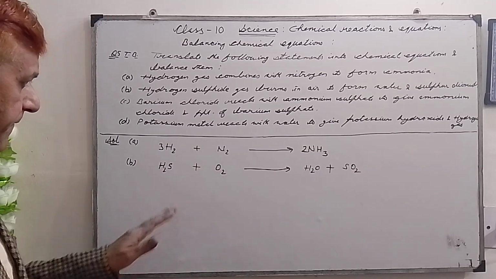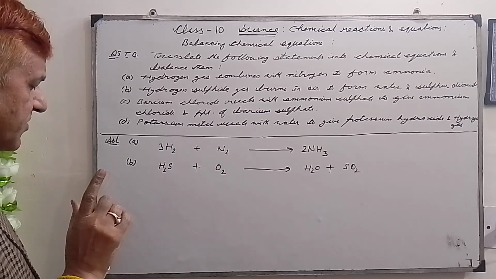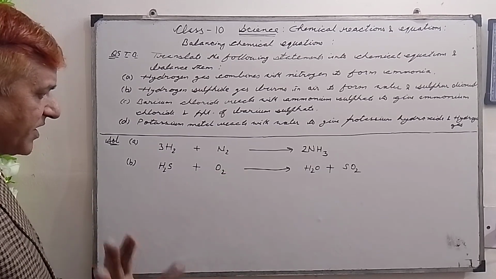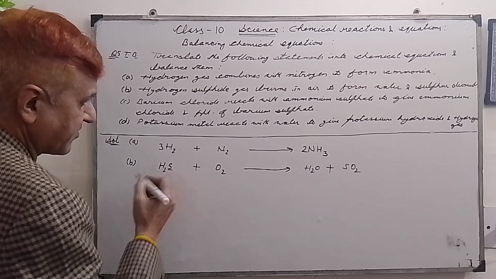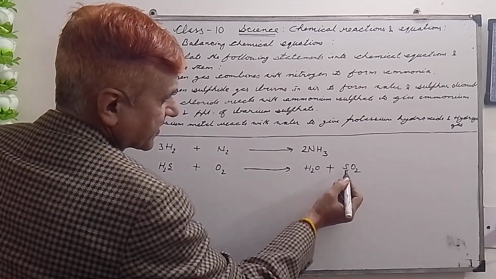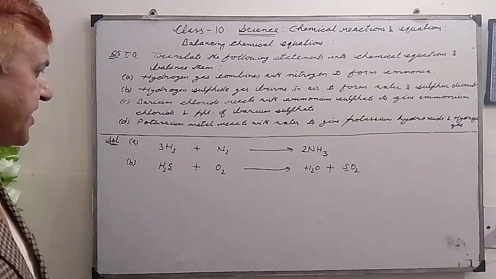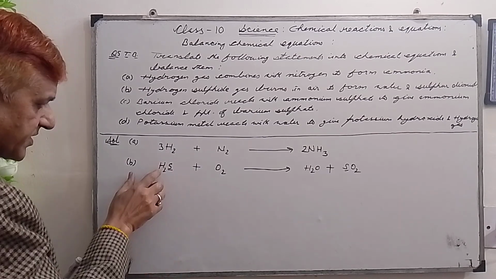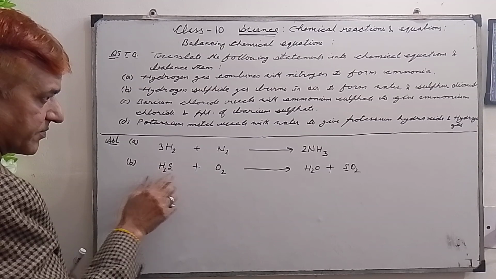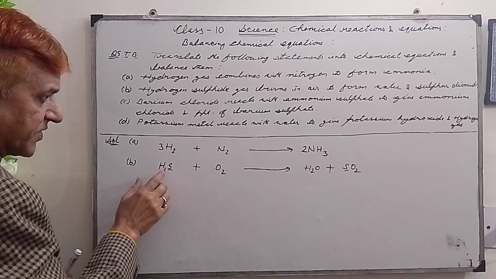Again, first of all, hydrogen and oxygen we will balance finally. Sulfur is there, 1 atom of sulfur and 1 atom of sulfur, so sulfur is already balanced. Now come to hydrogen and oxygen. Let's balance hydrogen atoms first.